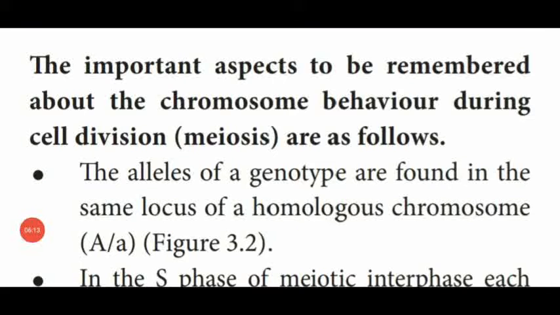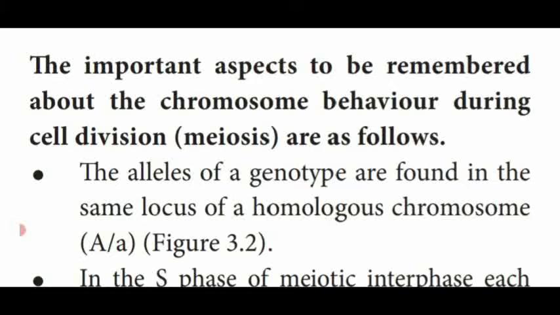Dear students, next we are going to see the important aspects of chromosomal behavior during meiotic cell division. The first one denotes the alleles of a genotype. What are the alleles of a genotype? The recessive allele and dominant allele are found at the same locus of a homologous chromosome.